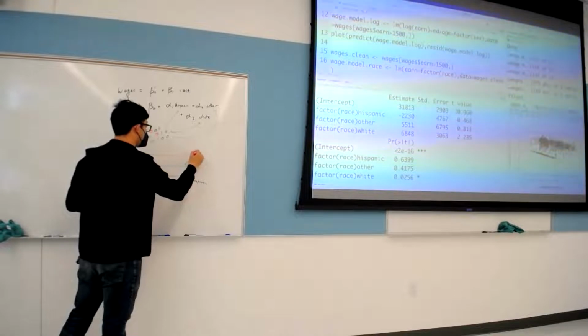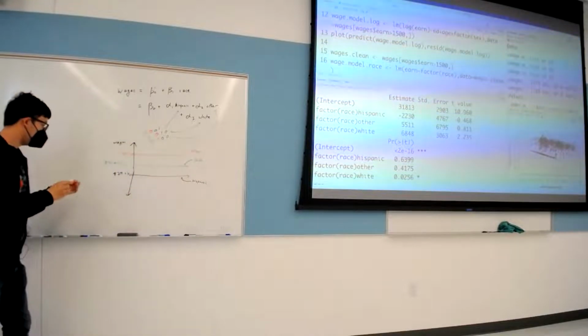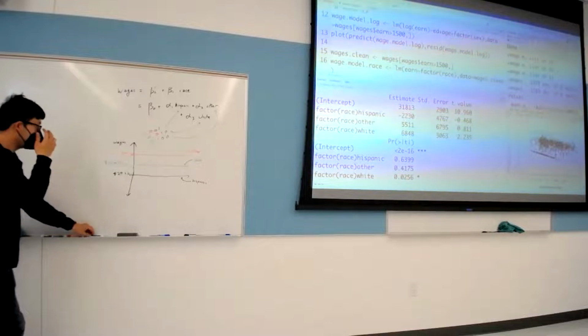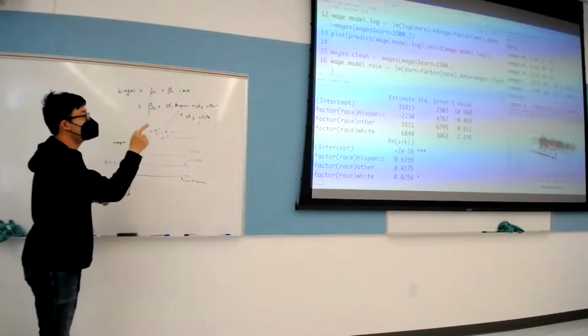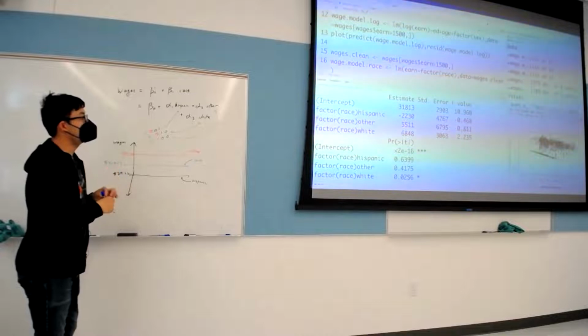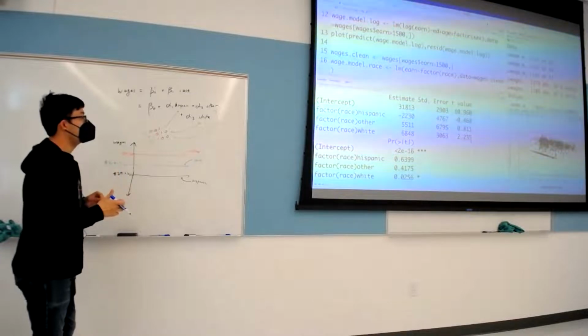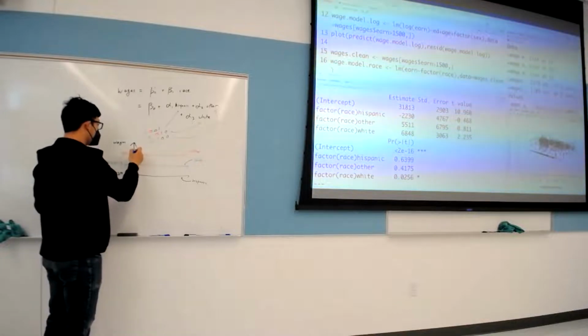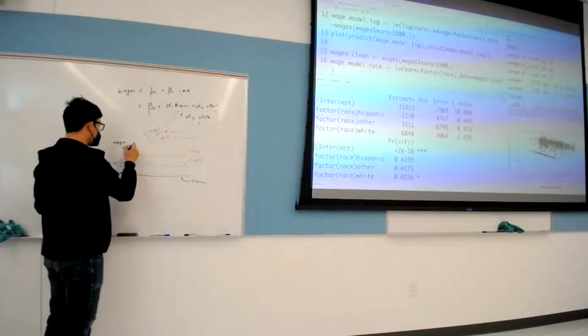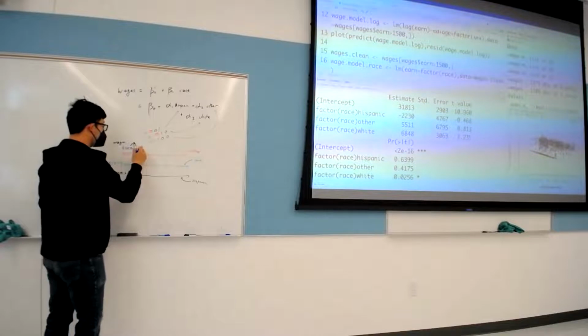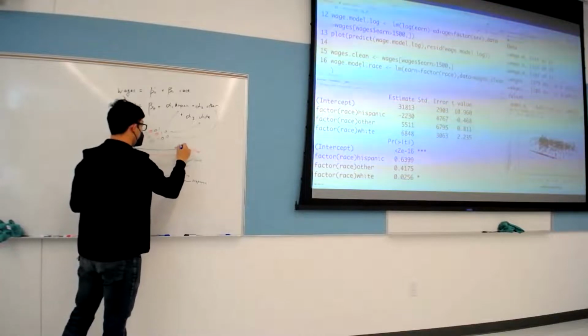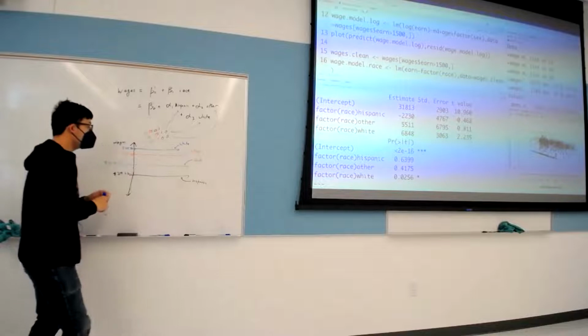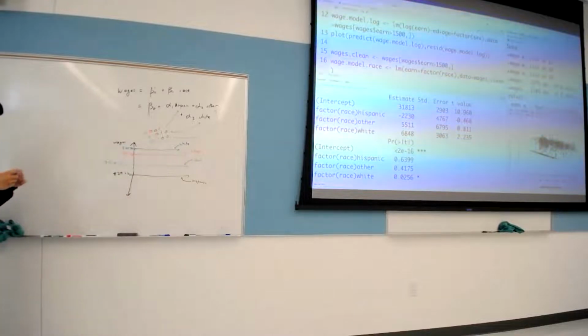So this is other. And then lastly, if you are white, 6,800 more. So that would be actually 1,300 above this. So this would be something like 38.5K.